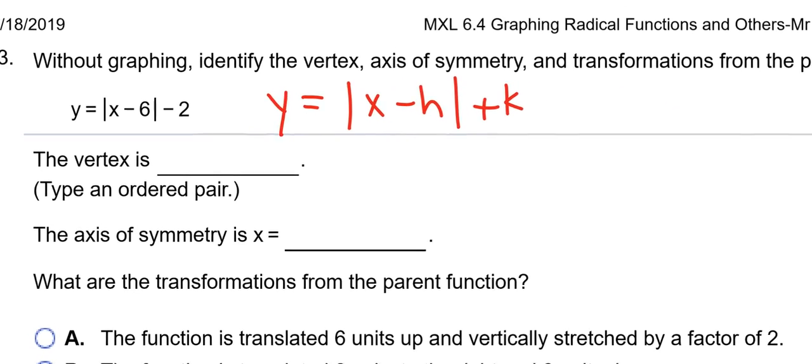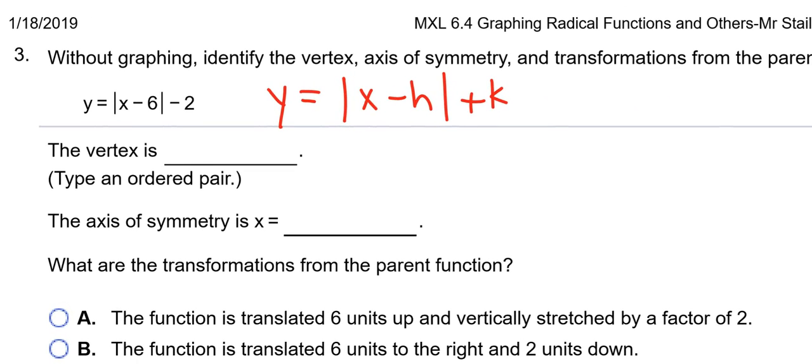This is a generic version of the absolute value function that you're dealing with. And the vertex is always located at the point (h, k). H goes with the x-coordinate, k goes with the y-coordinate.